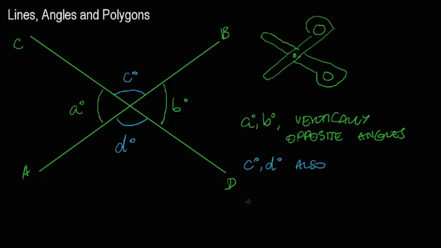Actually, what is the relation between A and C? Those two angles add up to a straight line. So the sum of them is 180. So they are, as we have just seen, supplementary angles. Same thing would happen for B and D.